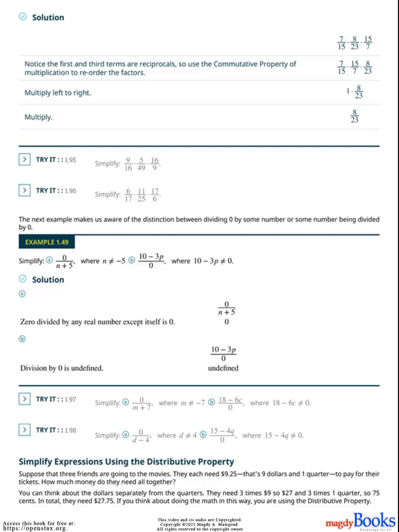Try it 1.98. Simplify. A. 0 over d minus 4, where d does not equal 4. B. 15 minus 4q, all divided by 0, where 15 minus 4q does not equal 0.